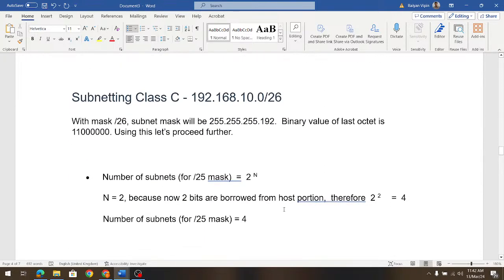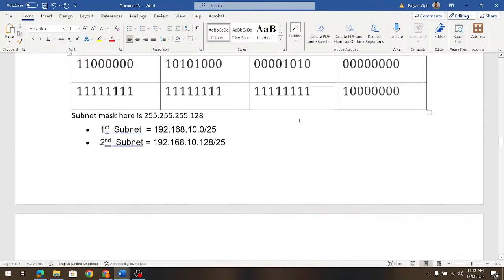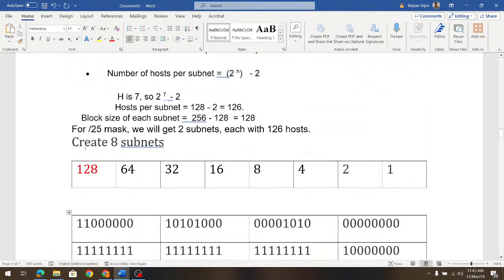Another example: if we use 26 as my CIDR, then we have the subnet mask again like this. Let me copy this part again.